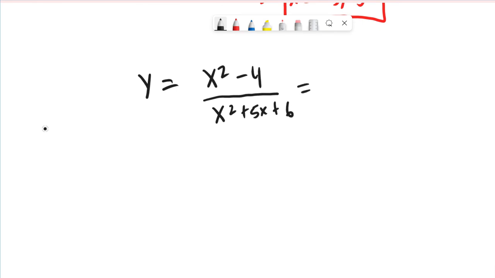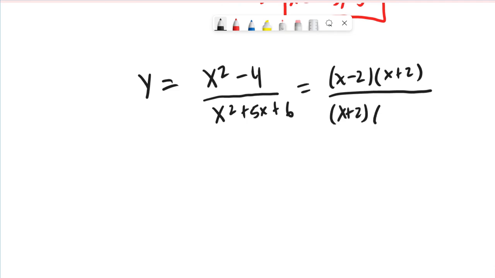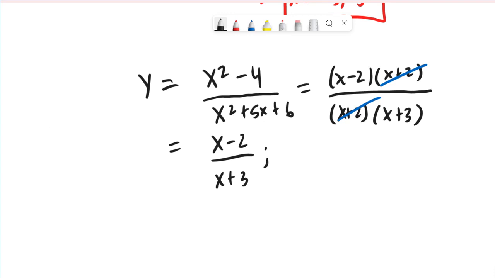Well, I would have to first of all factor this as x minus 2 and x plus 2 divided by x plus 2 and x plus 3. But what ends up happening is that x plus 2 cancels out, which basically means that the equation is now written as x minus 2 over x plus 3, with the additional condition that x cannot equal negative 2 because it has a hole.